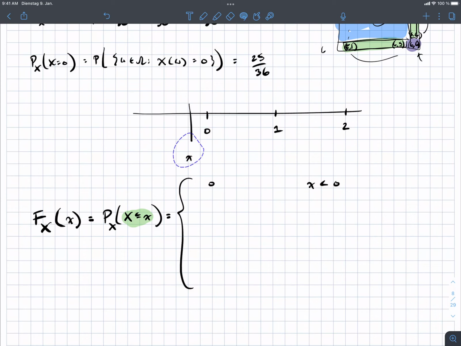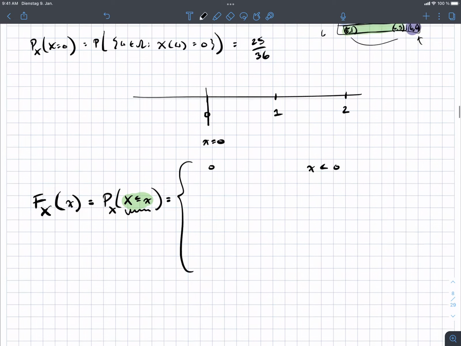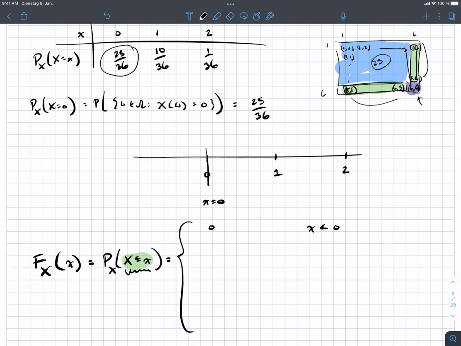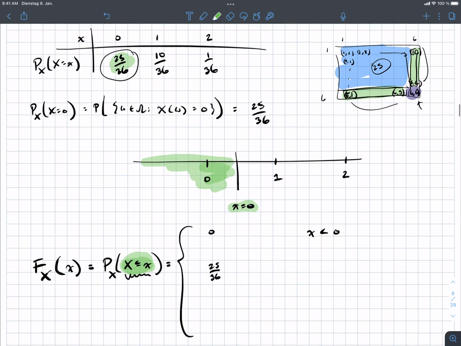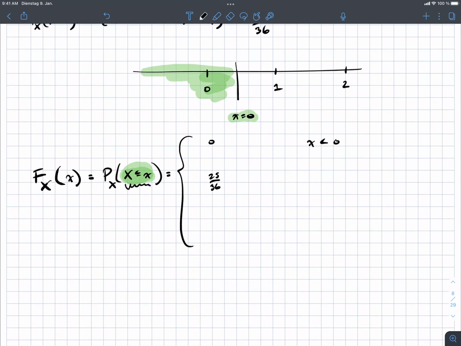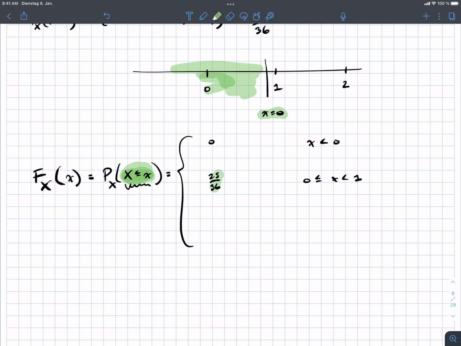But if I move x, let's say x is exactly 0, now the probability that X is less than or equal to little x is going to be 25 over 36. If I put x here, I still have probability 25 out of 36. So for any x equal to 0 or going up to 1 but not equal to 1, my probability is 25 over 36.